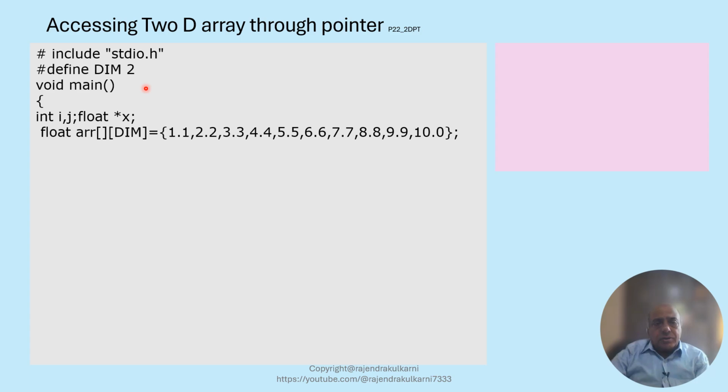Since there are 10 constants assigned to this array, the compiler will know that there are 10 divided by 2, that means 5, 1D arrays as the elements of this 2D array, and each 1D array is of dimension 2.